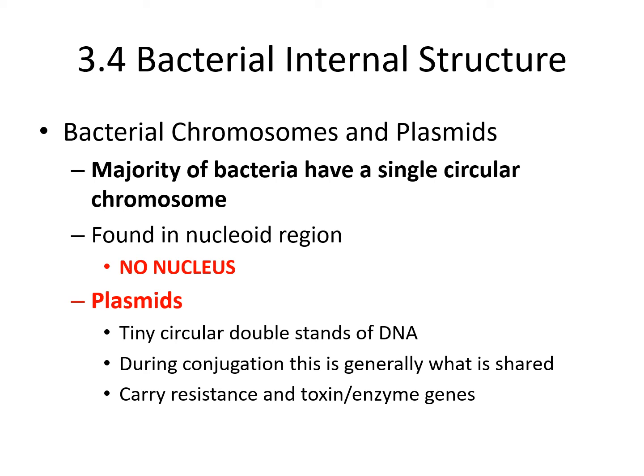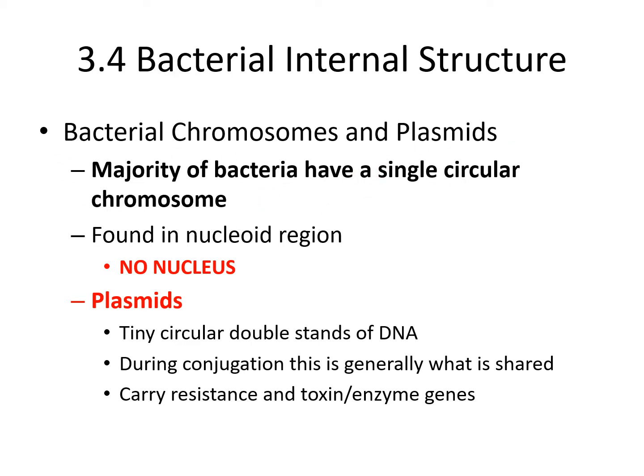Okay, for section 4 here, fourth lecture for chapter 3, we're going to talk internal structures. Now, keep in mind, the majority of bacteria are going to have a singular circular chromosome. Single circular.